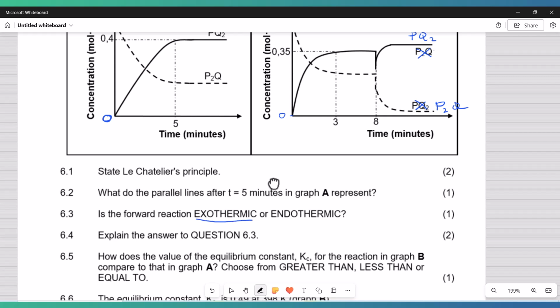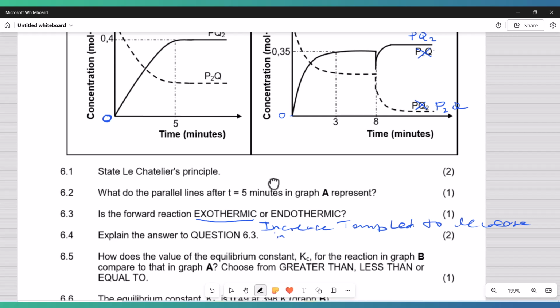Now they say here, explain the answer to question 6.3. What do we say? That an increase in temperature led to a decrease in the products.